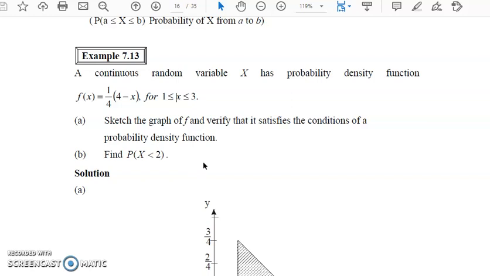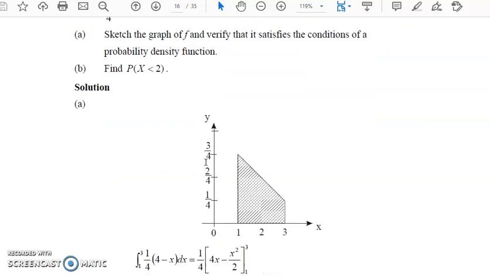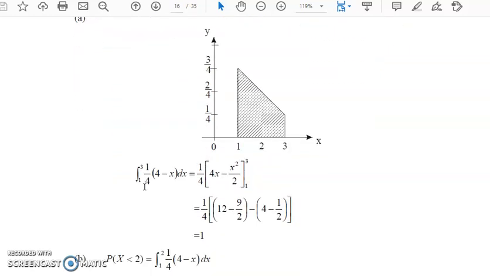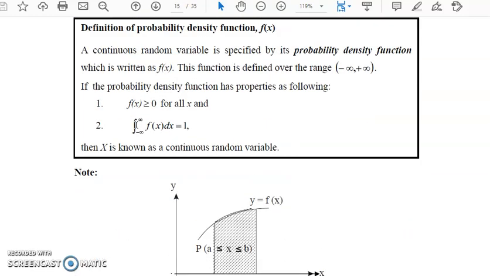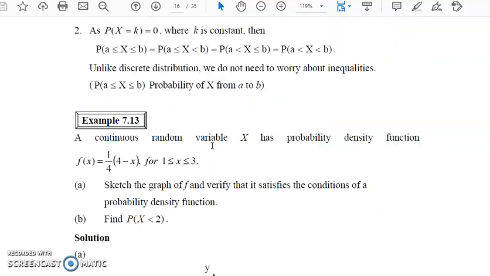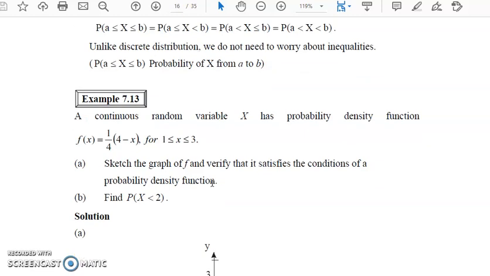As we know, for the PDF, the integral of the function f(x) from 1 until 3 must be equal to 1, as you can see from the second property here. Then the next one is to sketch the graph.